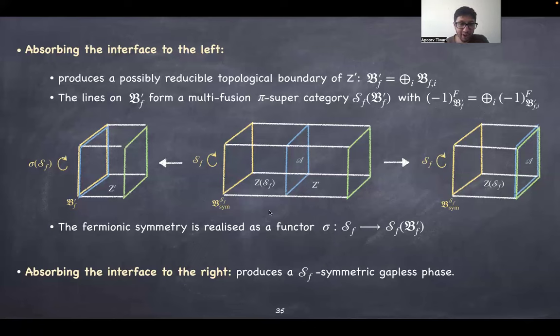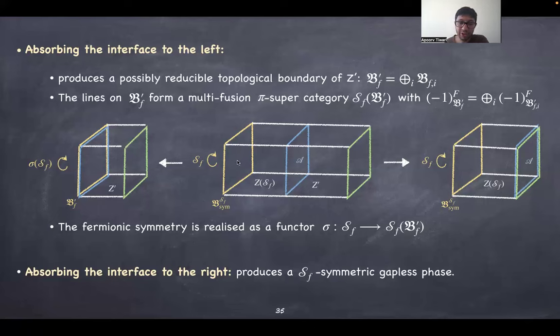Firstly, there are some lines inside SF before compactifying, and those lift to some lines in the SymTFT. So I could take a certain line that, let's say, projects to a symmetry generator S and sandwich that line between the yellow boundary and blue interface. Upon that sandwich, we find some topological lines on this boundary that act within the symmetry category. So this gives us a functor from SF to SF of BF prime, or at least part of it.